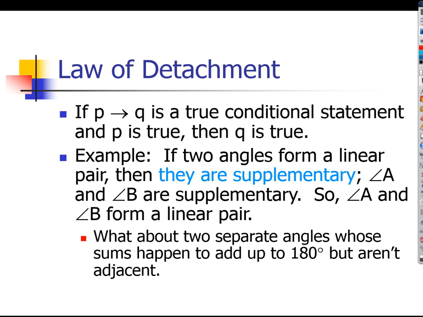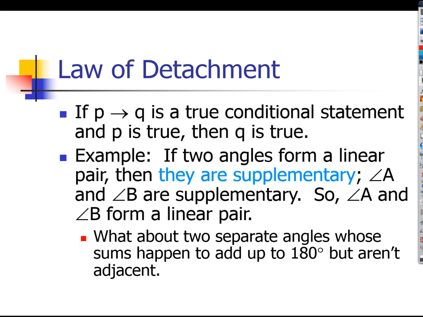For example, if two angles form a linear pair, then they are supplementary. So we could then say angle A and angle B are supplementary, so they form a linear pair? What about two separate angles whose sums happen to add up to 180 degrees but aren't adjacent? Are they a linear pair?